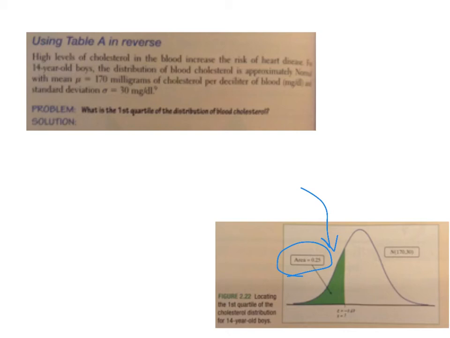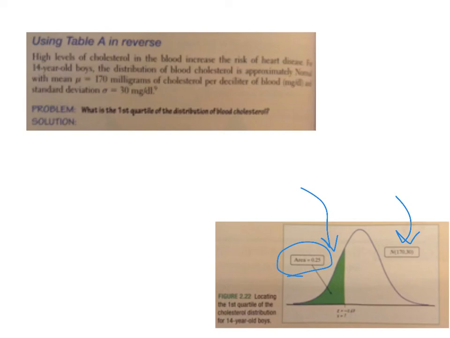Okay, so we sketch that curve out. I label our curve: normal, mean of 170, standard deviation of 30. Okay, I shade what I'm looking for here. Okay, and I can use my table now to work backwards to find out what that z-score is. And then once I know that z-score, I can go back and find the actual data point that is there. So working backwards to find that z-score, I use my table to find 0.25.